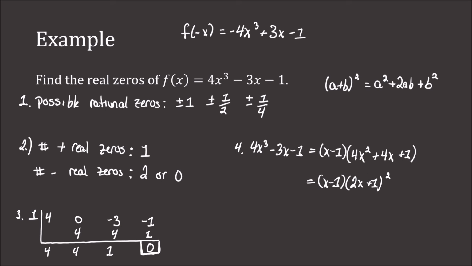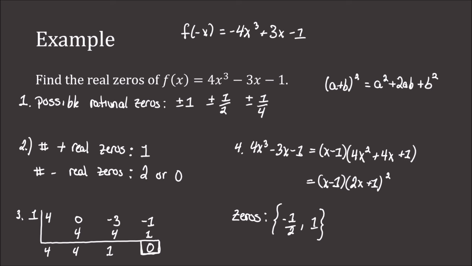So the final thing we want to do is just list out our zeros. So we have 2 zeros. We have 1, and we have negative 1/2. Right, by the factor theorem again. Now, you may be saying, well, hold up.